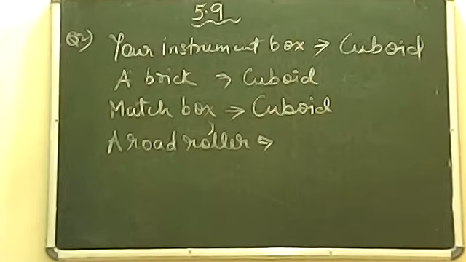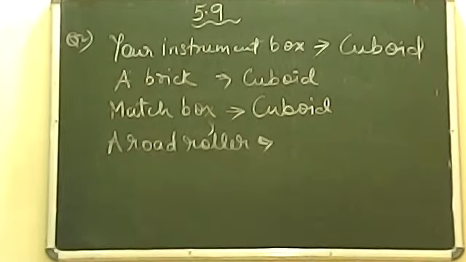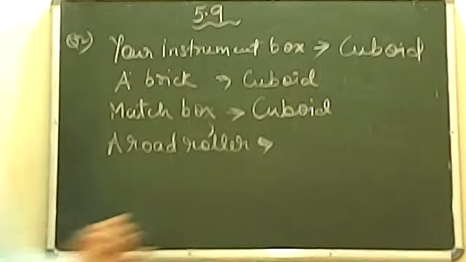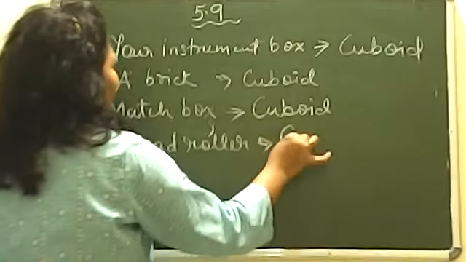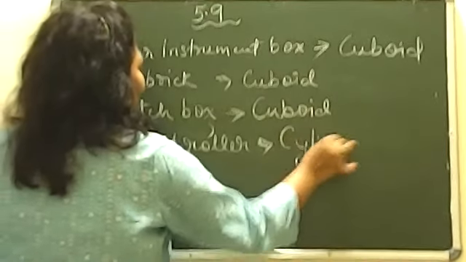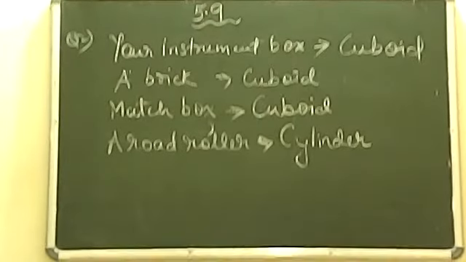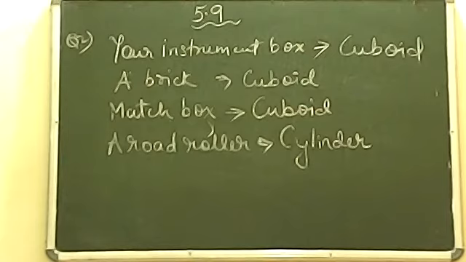And what is the work of road roller? Road roller levels the road. And that is always in the shape of cylinder. Fine. What is the spelling of cylinder? Do not write the wrong spelling, beta. C-Y-L-I-N-D-E-R. Cylinder. Okay. So remember, cylinder is the shape of road roller.